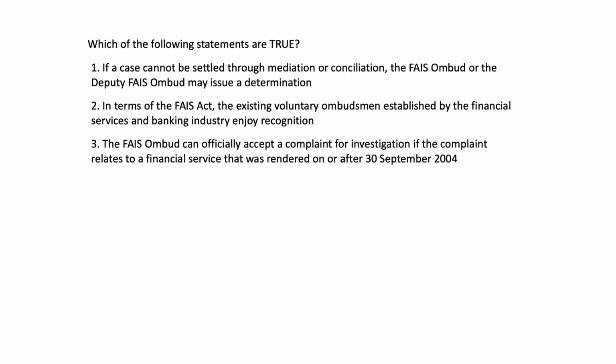The FAIS Ombud can officially accept a complaint for investigation if the complaint relates to a financial service that has been rendered on or after the 30th of September 2004. 4. A determination has the same legal effect as a judgment of a court.